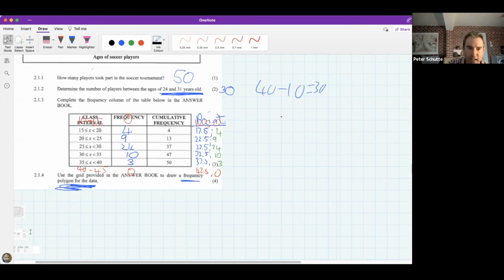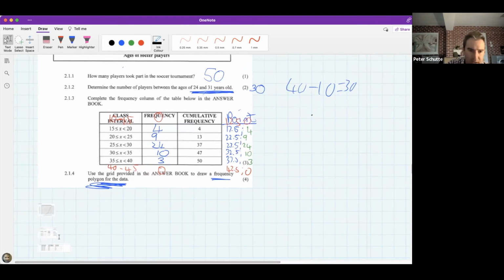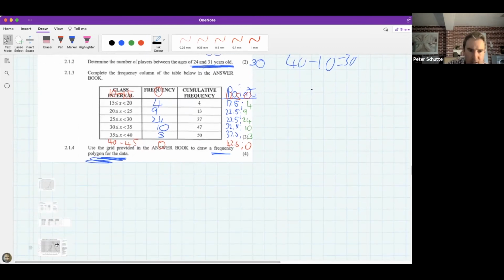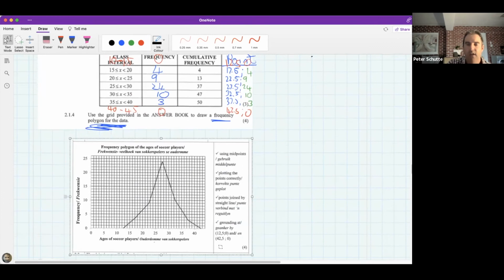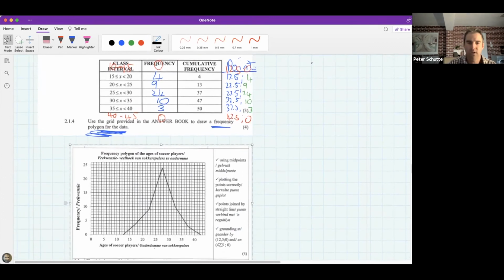So I'll show you what that looks like, because we're not going to have time to do a full one. But basically the frequency polygon would look like that. And so you can see the extra interval that I added over here. That was this one here.